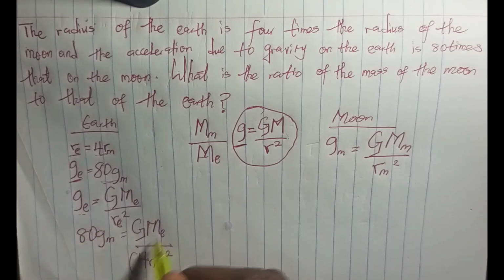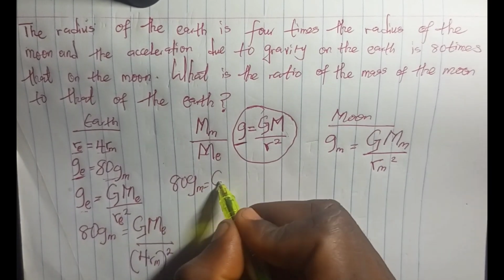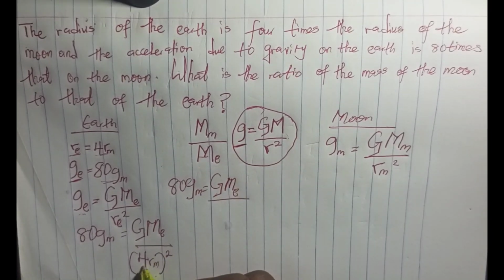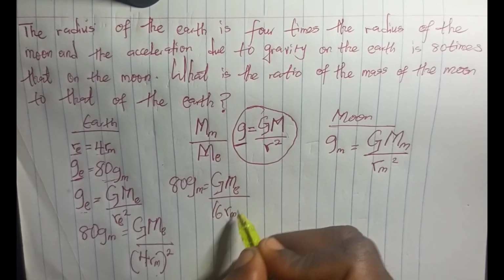Hope is clear. So this now means 80 G_M equals G times the mass of the Earth all over, by the multiplication law, 4 squared is 16, times the radius of the Moon squared.